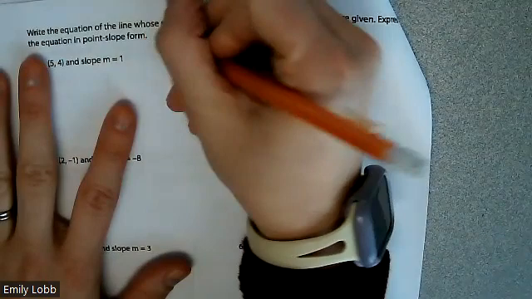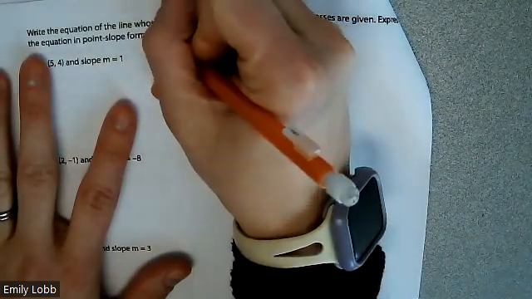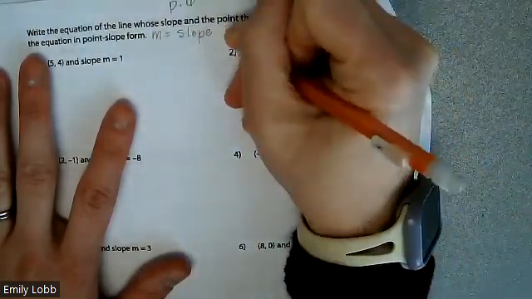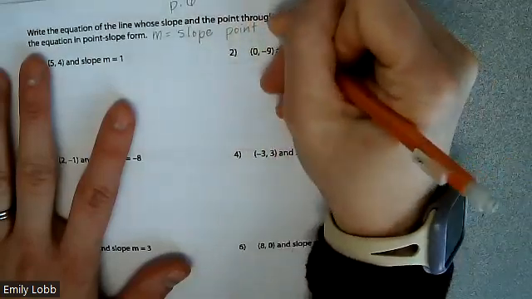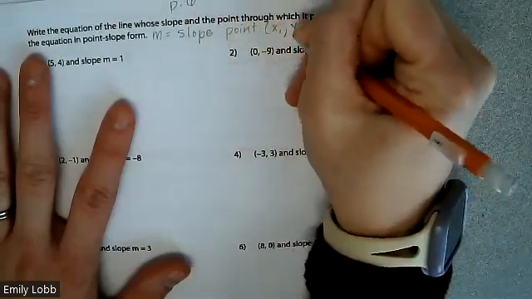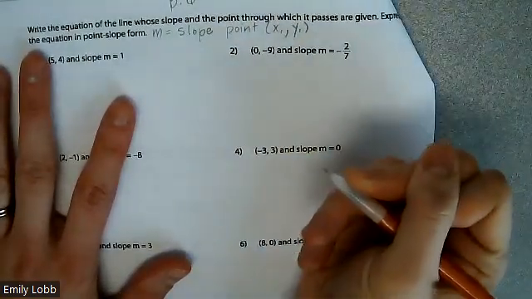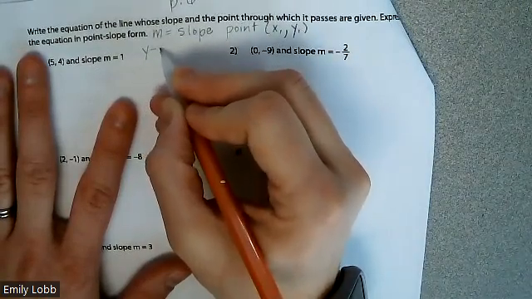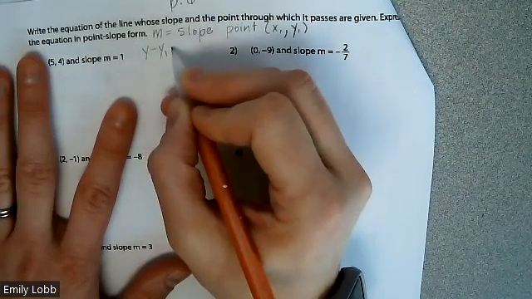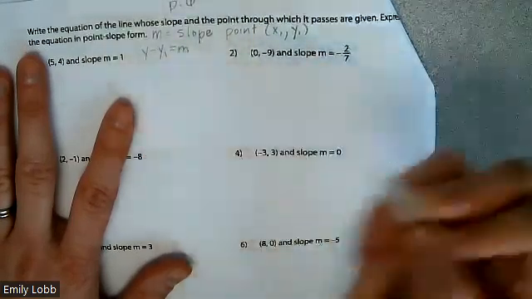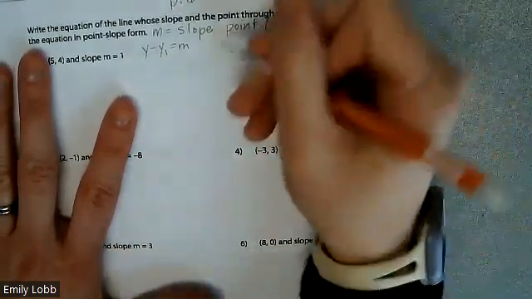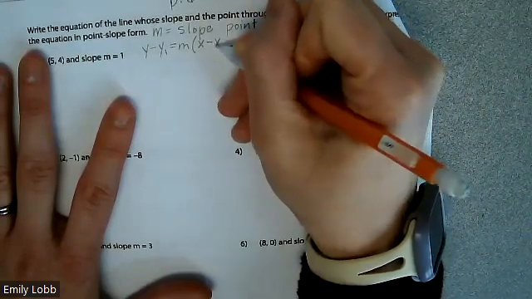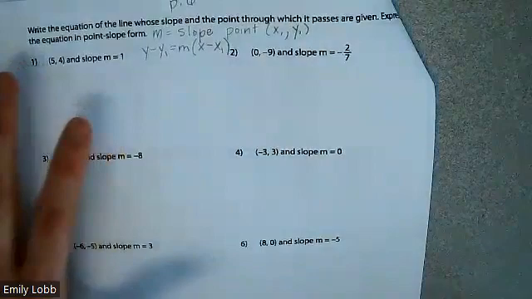So remember, when m is equal to our slope and we have a point (x1, y1), we can write it in the form y minus, or the opposite of y1, is equal to our slope times the difference of x minus, or the opposite of, our x value in that point, okay?